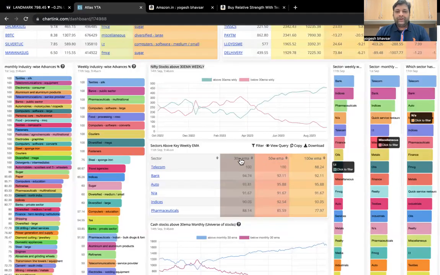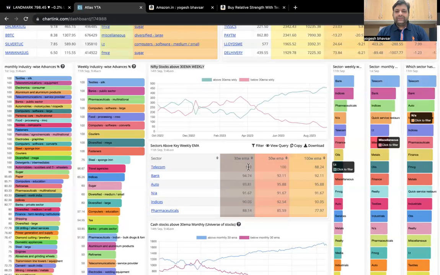Now, this is also a very important window for me, because this tells me the number of stocks in that sector above these three EMAs on the weekly basis. See, this is 30 weekly EMA, this is 50 weekly EMA, and there is 100.